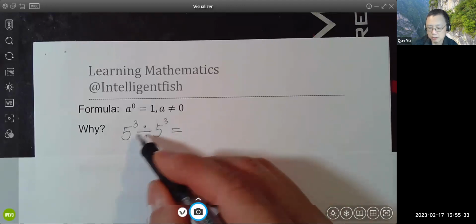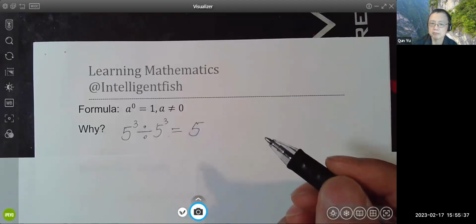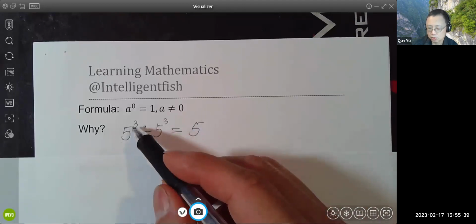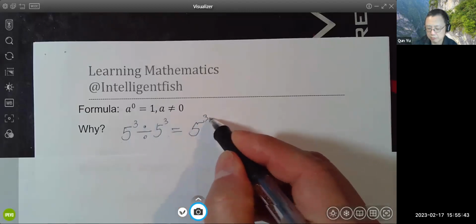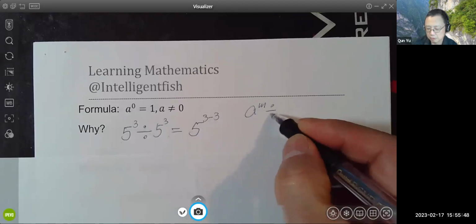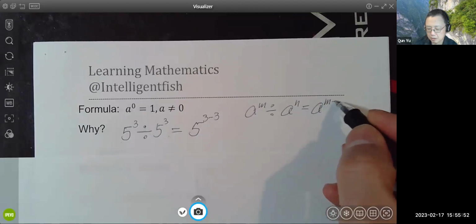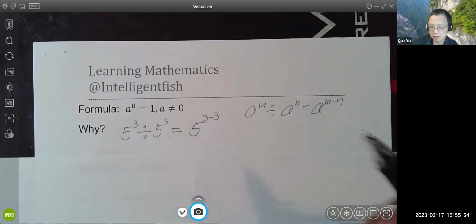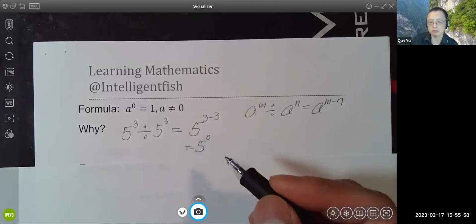So when you do division with the same base, your result will have the same base. And you just use the first exponent, subtract the second one, right? That's our formula. So this one is the formula from the previous page. So 3 minus 3 certainly is 0. So we get 5 to the power of 0.